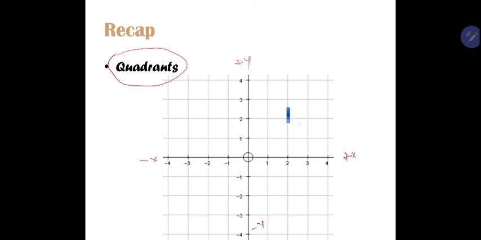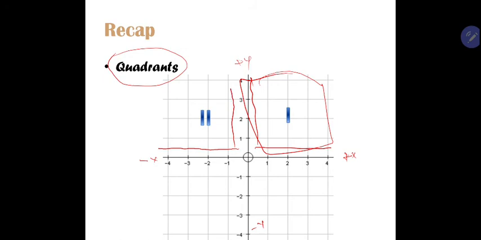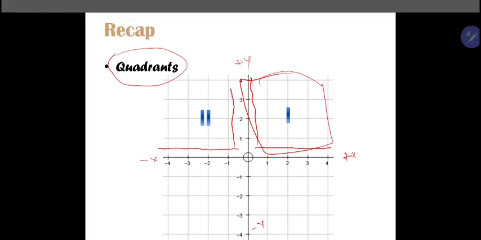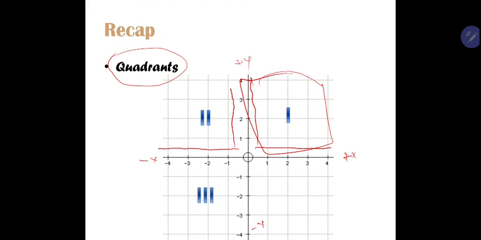Now notice one thing, this whole thing is quadrant 1. Here the x values are all positive, the y values are all positive. When we talk about quadrant 2, here the x values are all negative, but y values are still positive. In quadrant 3, the x values are negative and the y values are negative.